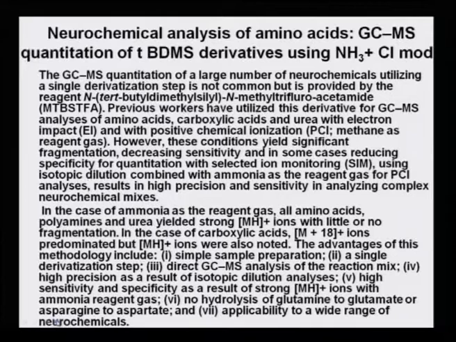And so, I have taken this particular example of the analysis of amino acids by quantification of its derivatives, that is the tertiary BDMS derivative using ammonia and CI mode.